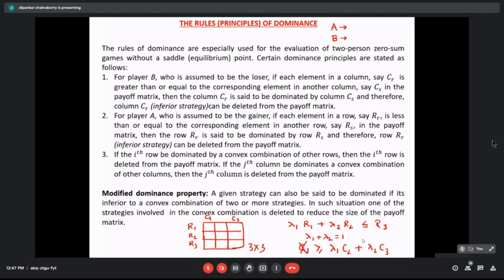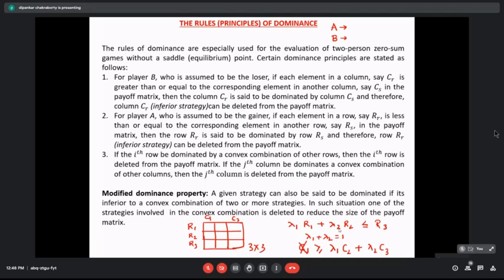As I mentioned to you, the ith row is dominated by the combination, but here it is not dominated, because R3 is bigger than the convex combination of R1 and R2. In that case, the modified dominance principle says that we can delete any one of the strategies R1 or R2. But remember that the game solution must exist after deleting that row.